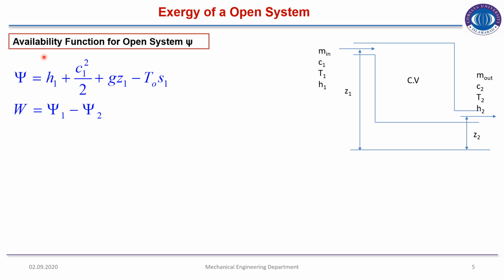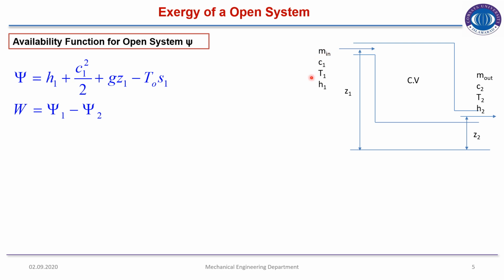We have already discussed the availability function when we were discussing exergy for closed systems. Similarly, as in the closed system the availability function is phi, in the open system it is psi. So the availability function for open system is represented with the simple symbol psi. This is the same schematic diagram for the open system.